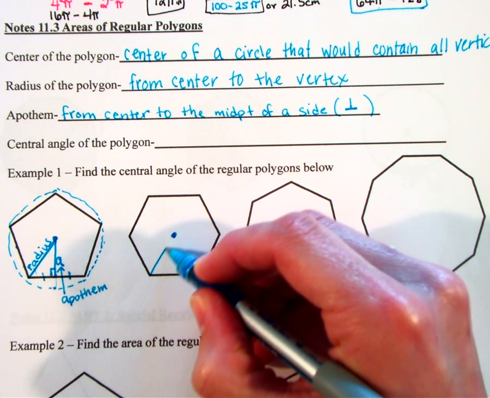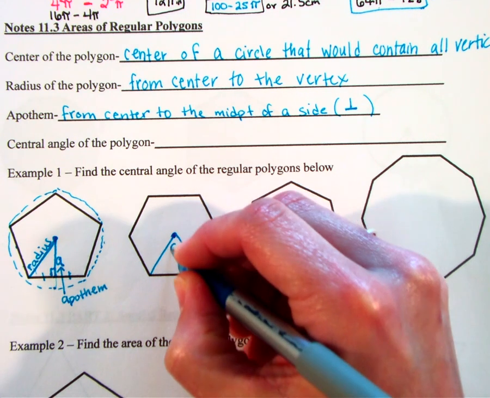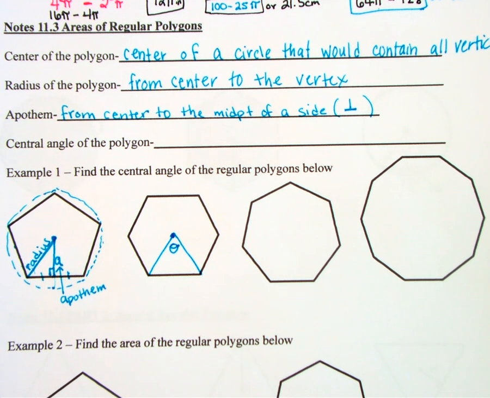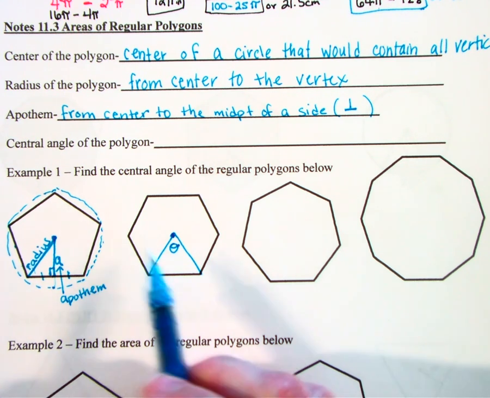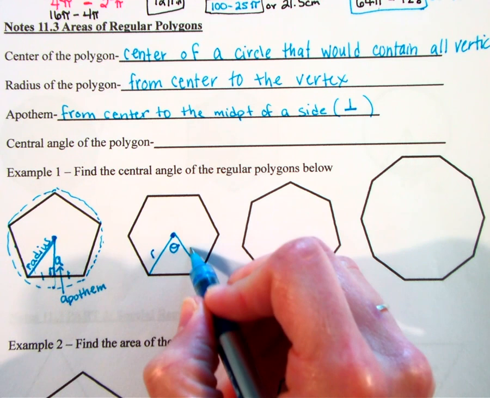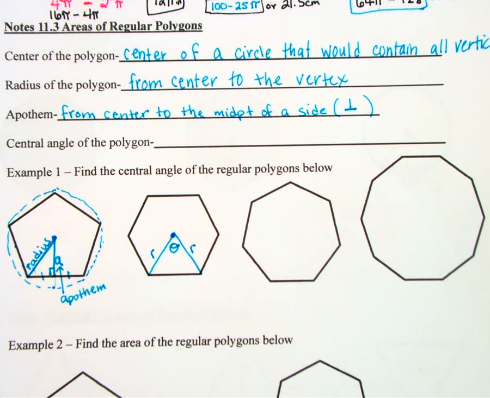The central angle is this angle here. That angle is going to be the angle at the center between two radii. This is a radius, this is a radius, so the angle between two radii.